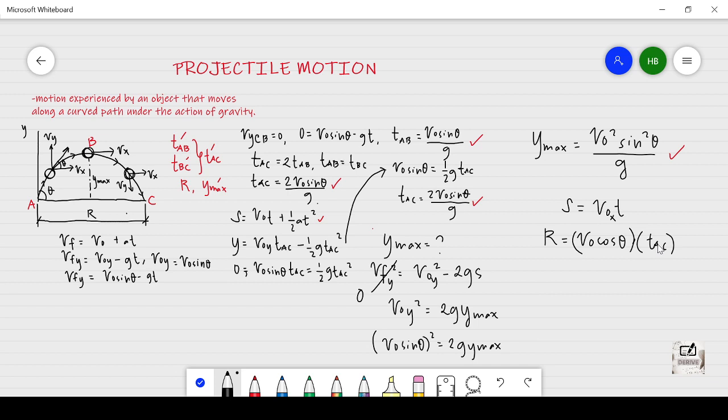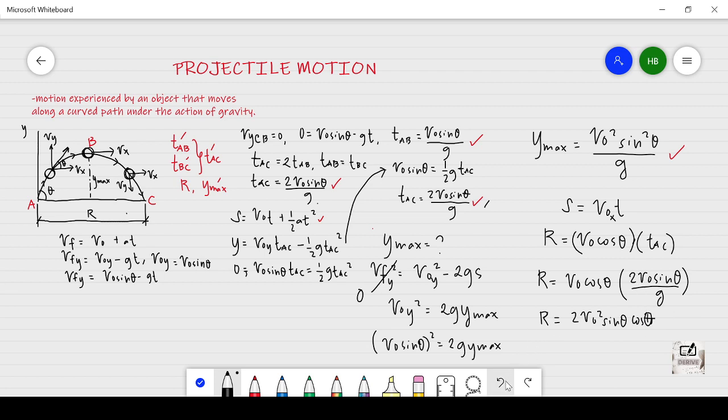But if the Tac is not present and it's not given, we can simplify it further because you have your Tac here, right? So just insert your Tac here, so Vo cosine theta times 2Vo sine theta over g, and there you have it. You are going to have R is equal to 2Vo squared sine theta cosine theta.